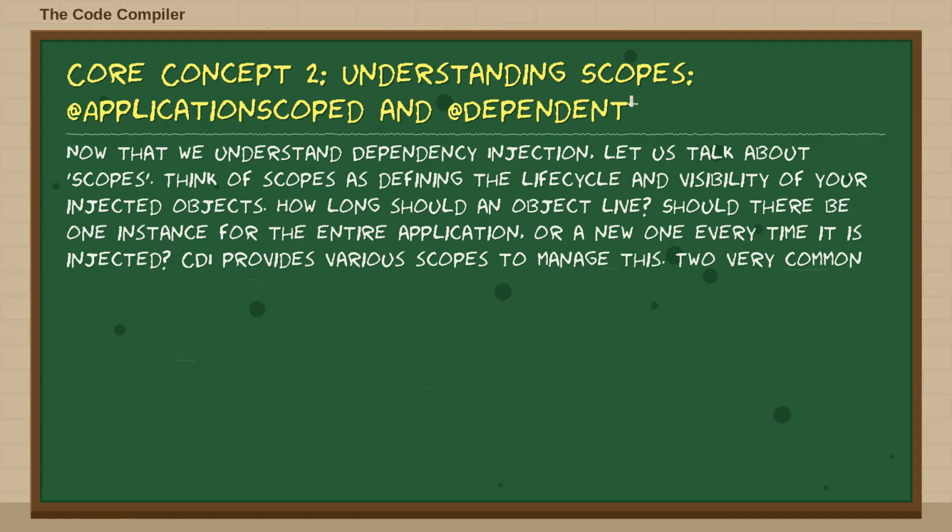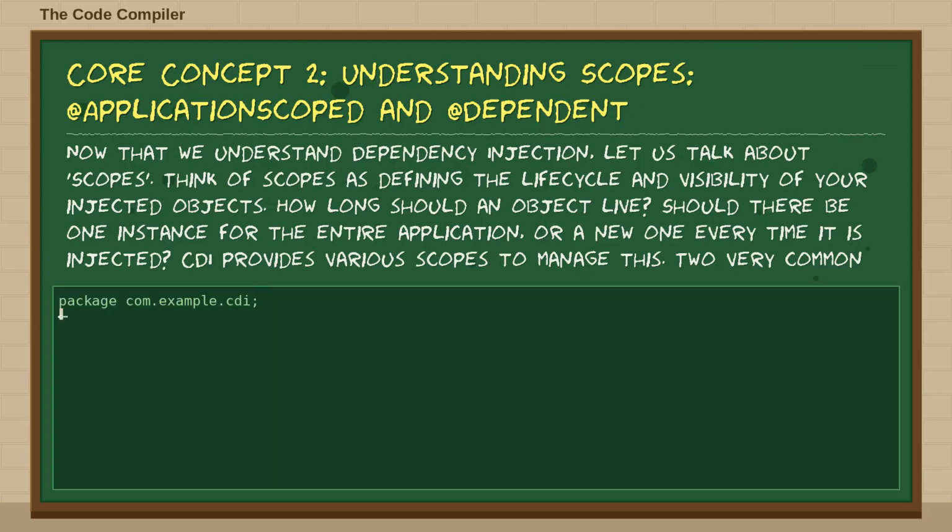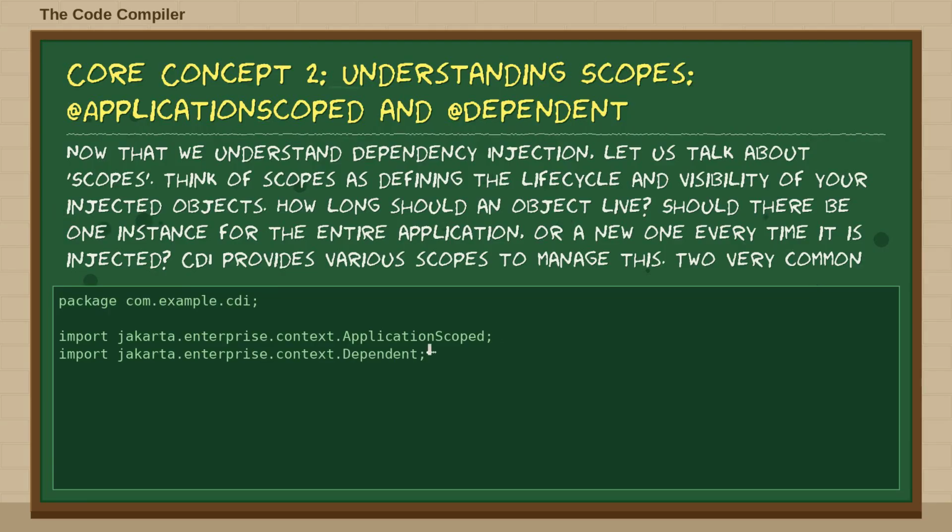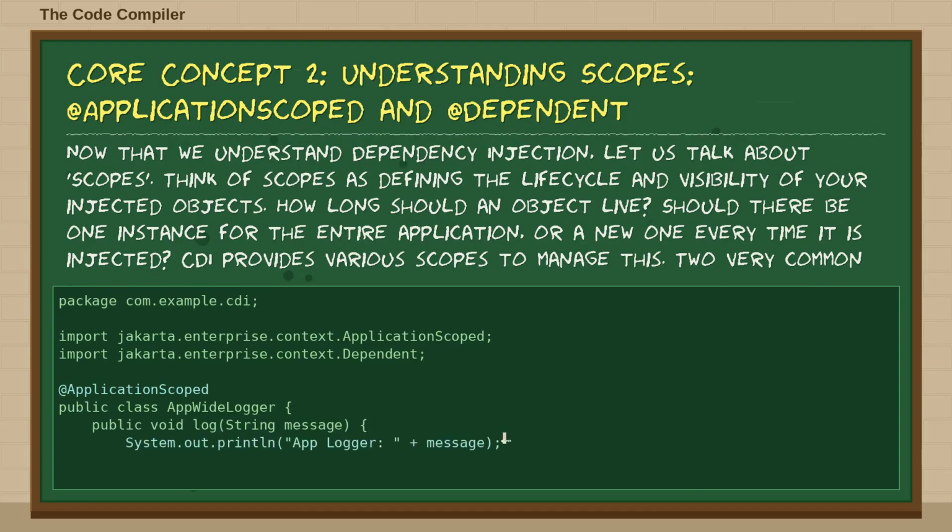For example, if you have a logger that you want everyone to share, you might make it @ApplicationScoped. But if a payment processor needs a specific transaction object that only lives as long as the payment processor itself, then Transaction would be @Dependent.